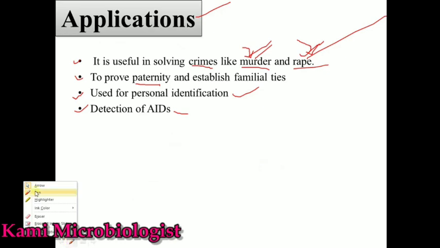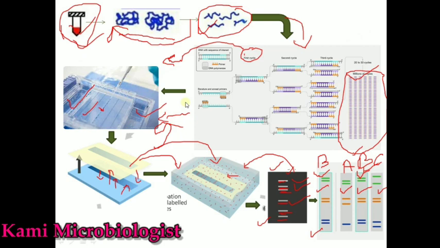Now using this DNA fingerprinting, we can also detect the AIDS disease or different kinds of disease. For that we have to know the RNA or the HIV virus sequences. Let's suppose these are the HIV virus DNA bands.